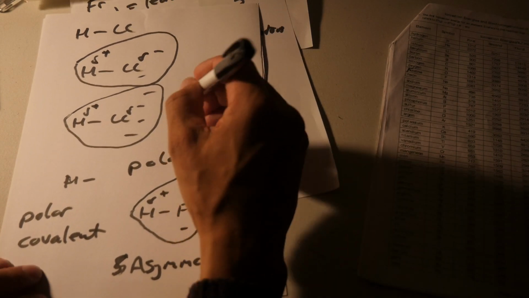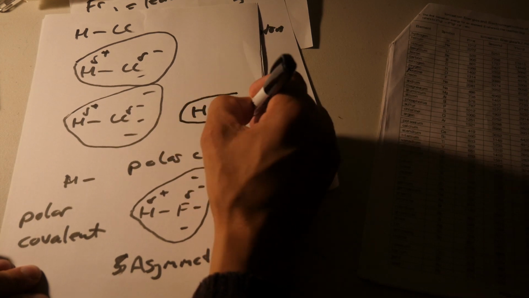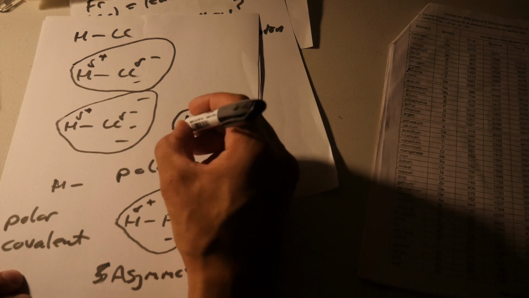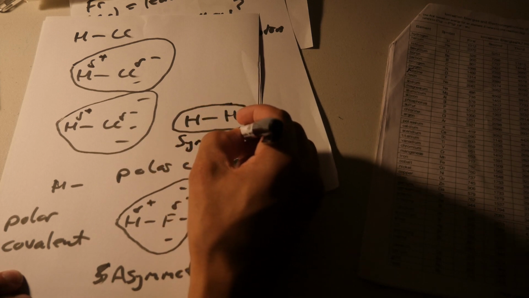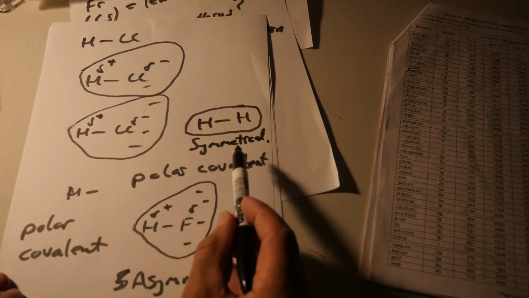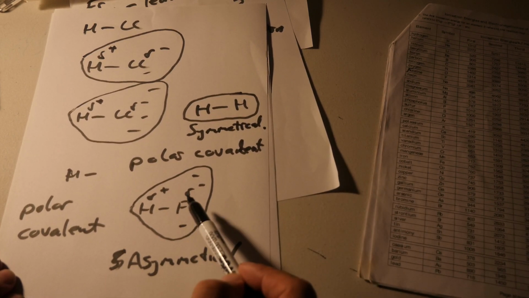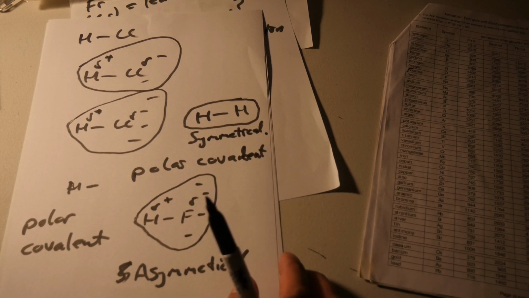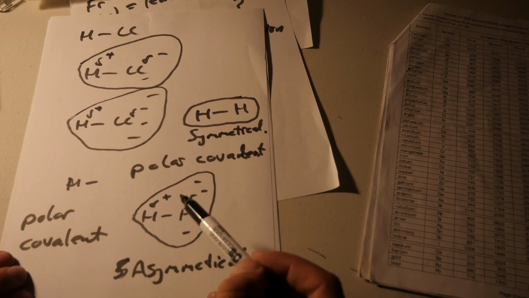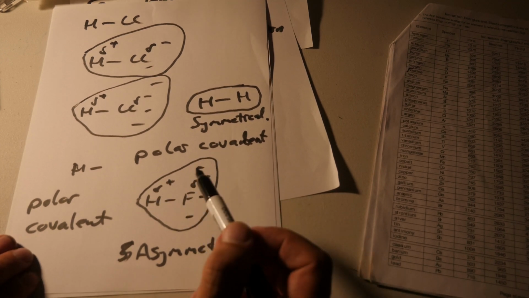Whereas a normal covalent bond like that, as I said in early videos, is symmetrical, not polarized. This is asymmetrical, it's polarized. So that's the effect of a strongly electronegative atom bonding to a weakly electronegative atom.